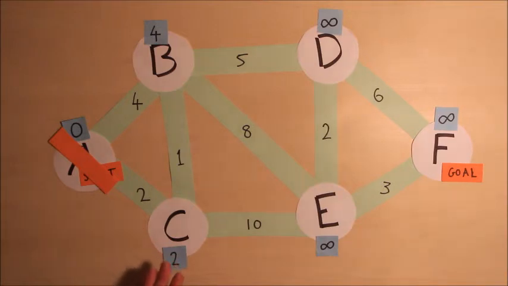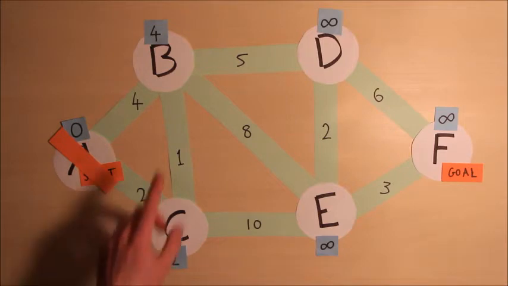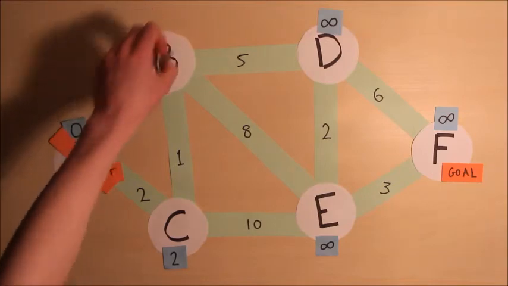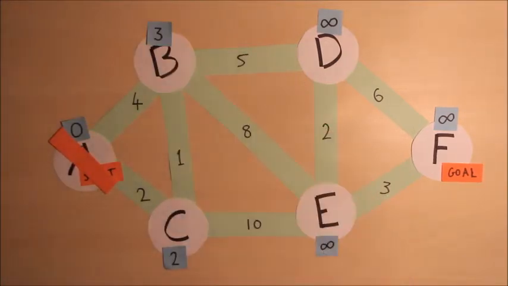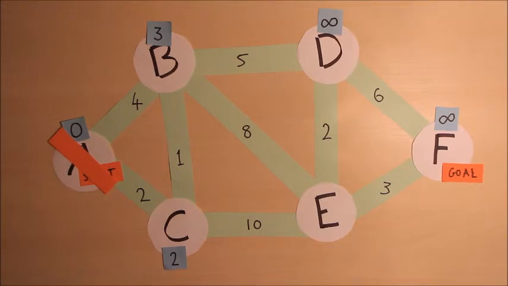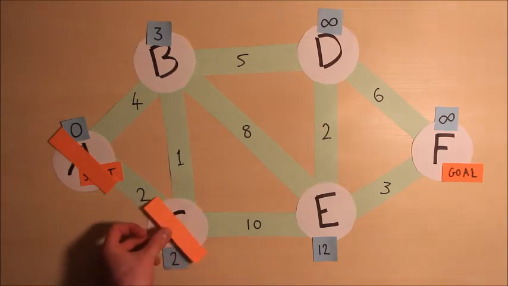We'll then go to C, because it's got the lowest tentative cost which is still in the queue, and we'll look at its neighbours, which are B and E. You can see that to go from C to B it's only 1, and this gets added to the tentative value, which means B's tentative value now becomes 3. So already we're starting to find quicker paths around the graph, because we found it's quicker to go A, C, B rather than A, B. E's value also becomes 12, because C's tentative value gets added to the cost. And we can now take C out of the queue, because we found all available exits.